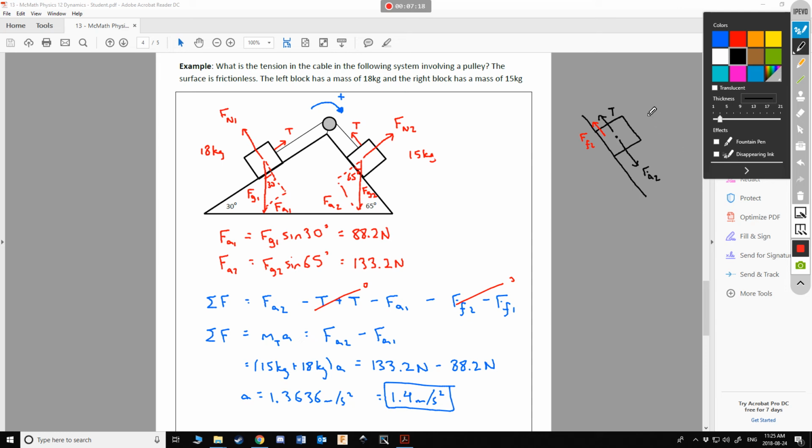We also know that the system is accelerating now at A is equal to 1.4 meters per second squared. So if I do my net force equation, we find out that this is block 2, so M2A is equal to FA2 minus tension minus force of friction 2. And that's going to equal 0 though for this question.